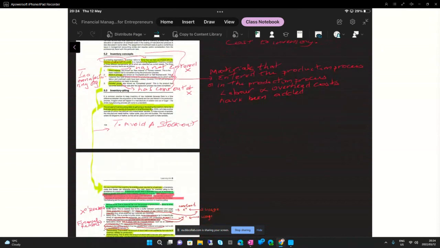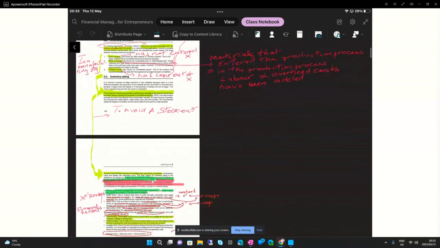Inventory planning. The concept of inventory planning refers to gathering or stockpiling the inventory items that a business needs to operate.